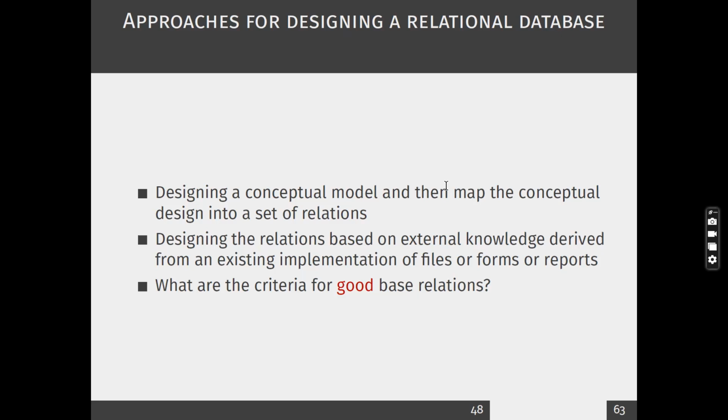Right. Now let's talk about the approaches for designing relational databases. Under that, we start with the conceptual model, and then we convert the conceptual model to relations. That's the usual practice.